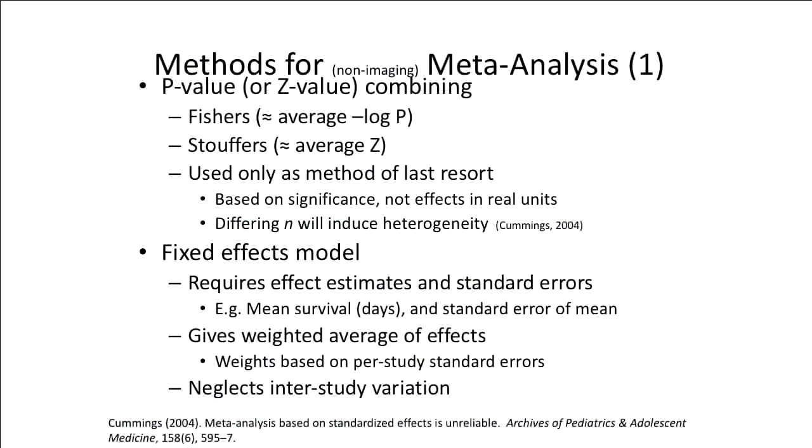So for non-imaging data, what are the standard methods? You may have heard of Fisher's or Stouffer's methods. We'll come back to this in a talk later to say more about it. The fixed effects model used to be standard, where it assumes that the only variation is the variation depicted in the standard error of each study.